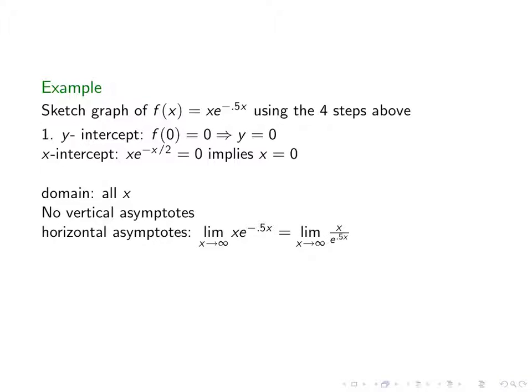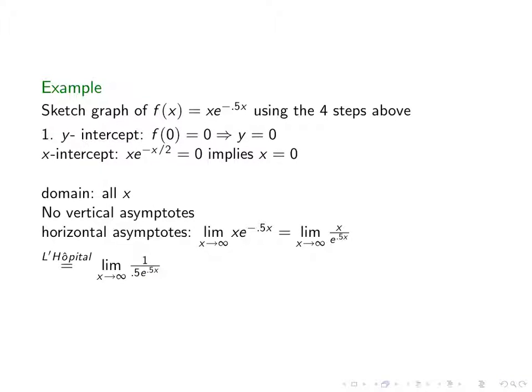Okay, so it's x over e to the 0.5x. All right, and as x goes to infinity, this is of the form infinity over infinity. By L'Hopital's rule, you can take the derivative of the top, which is 1, and then the derivative of the bottom is 0.5, that's the derivative of the exponent u, and then you get e to the 0.5x on the bottom.